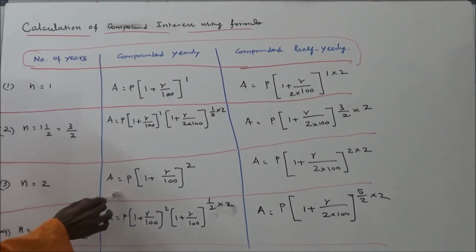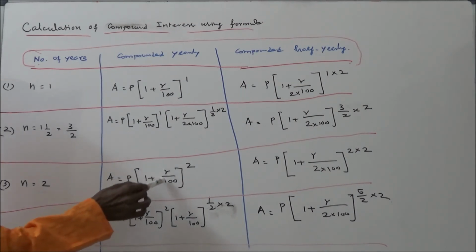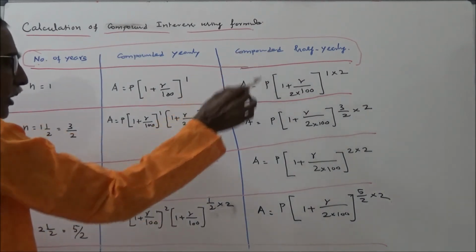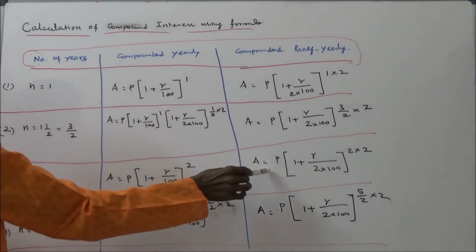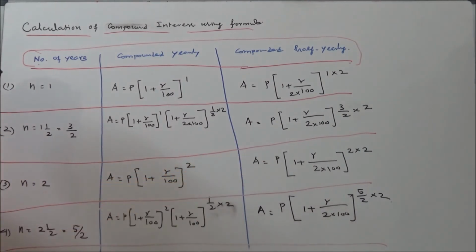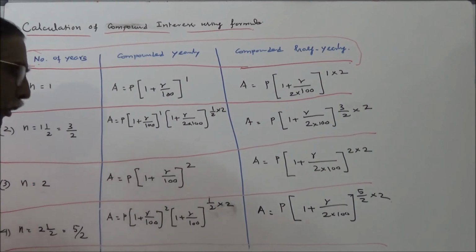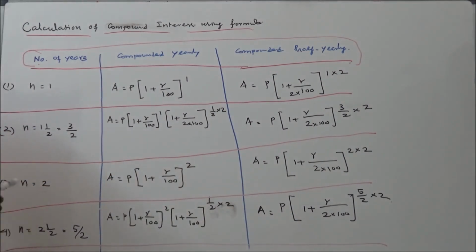The third case, n is equal to 2 years. A is equal to P into (1 plus R by 100) to the power 2. And compounded half yearly, A is equal to P into (1 plus R by 2 into 100) to the power of 2 into 2. Okay. The fourth is n is equal to 2.5 years.